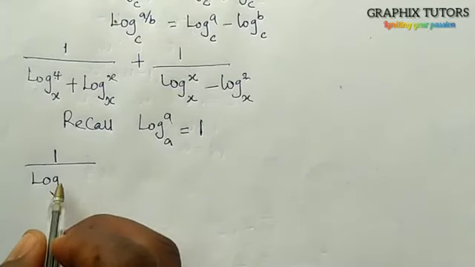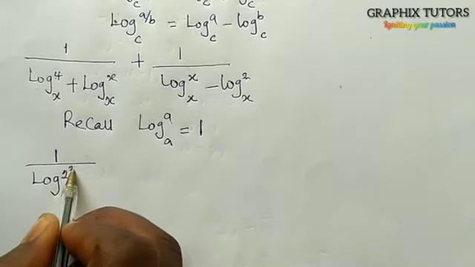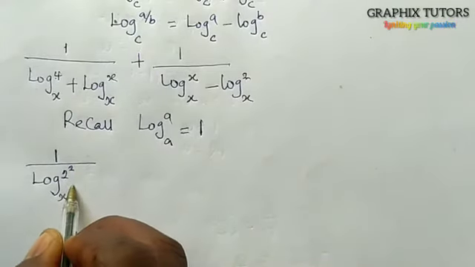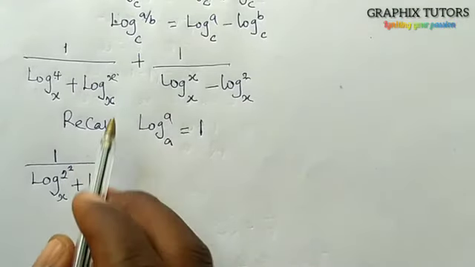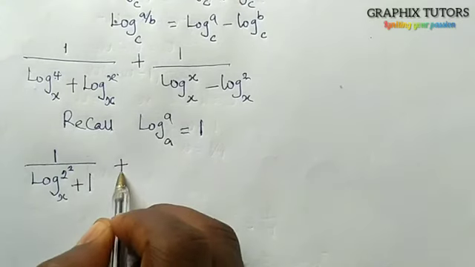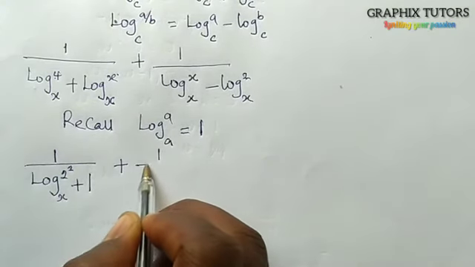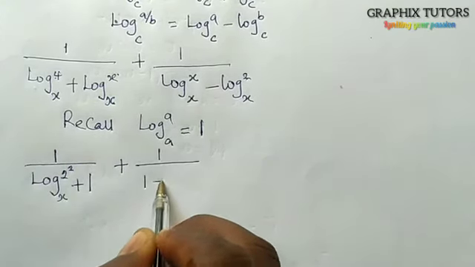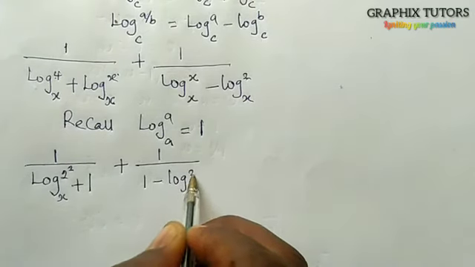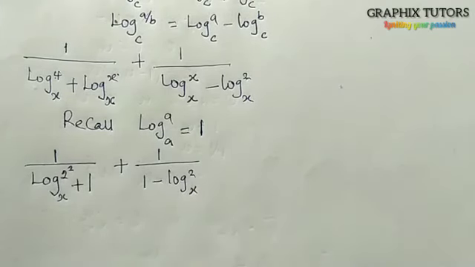So this will give me log 2 squared to base x plus 1 because they are the same, plus 1 all over 1 minus log 2 to base x, right?